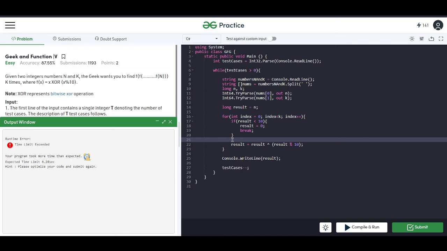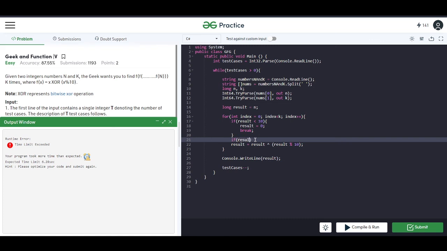There can be one more case: in case it is divisible by 10. If the result is divisible by 10, then result mod 10 will be 0, and anything XOR 0 is the same number itself. So we will break at that time as well.